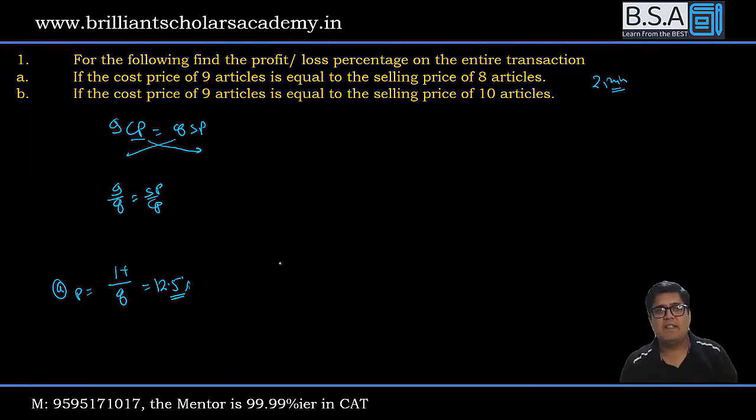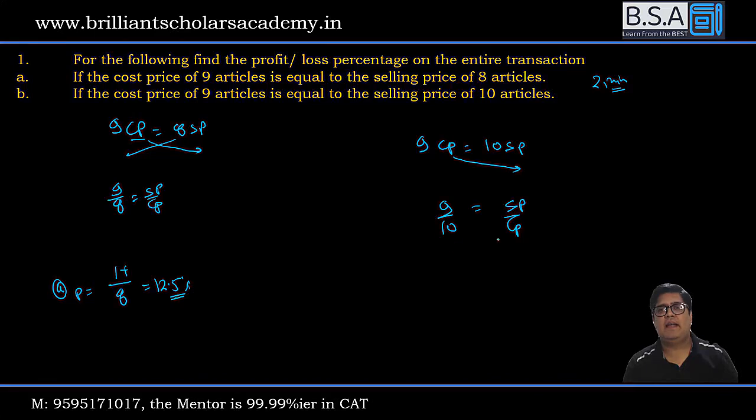What does second one say? The cost price of 9 articles is equal to selling price of 10 articles. In profit loss, this must be in the denominator. SP upon CP is equal to 9 upon 10. So cost price looks like 10 rupees, selling price looks like 9 rupees.